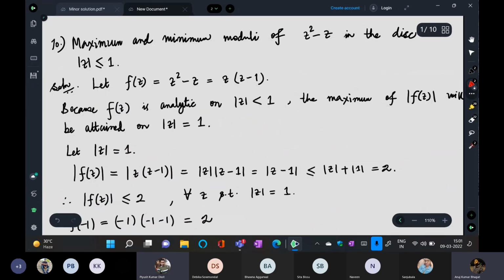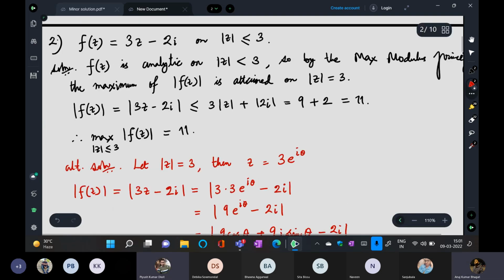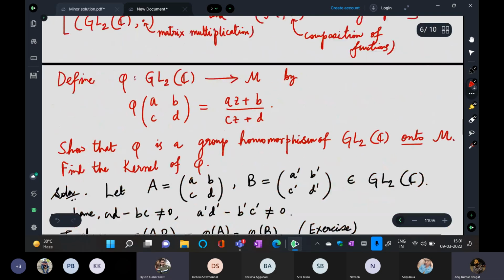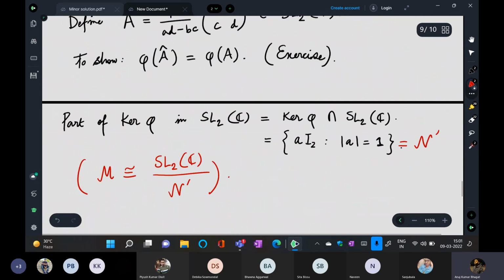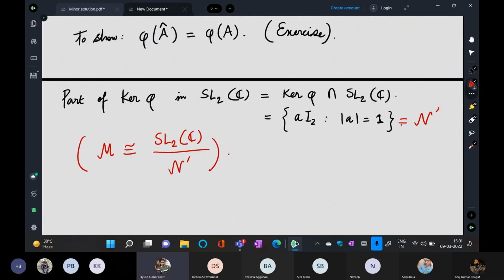Hello, sir. Yes. Suppose take A equal to I, then mod I equal to 1. But sir, does it belong to SL2C? Because AD minus BC is -1. I did not get your point. Sir, you have written kernel phi, meaning AI2 will always belong to SL2C or not, that is my question. Suppose A equal to I. Then I2 belongs to SL2.